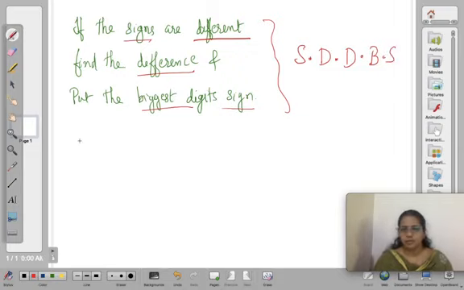Let me take two numbers, -5 plus +4. Here one is negative and one is positive. Sometimes you can see -5 plus 4 only. It is understood there is a positive sign. The value of 4 is positive.